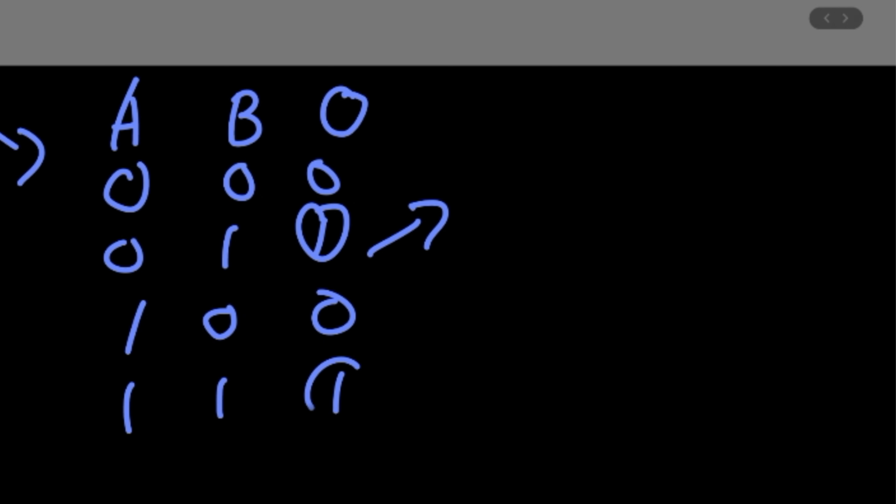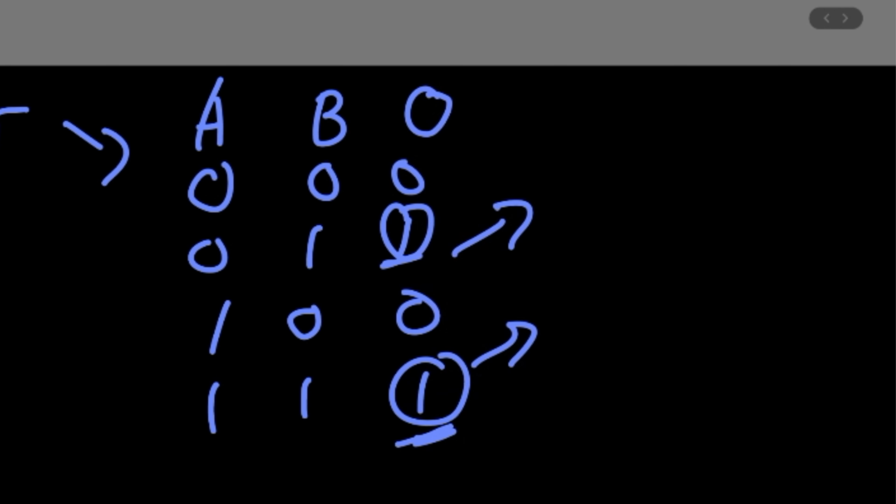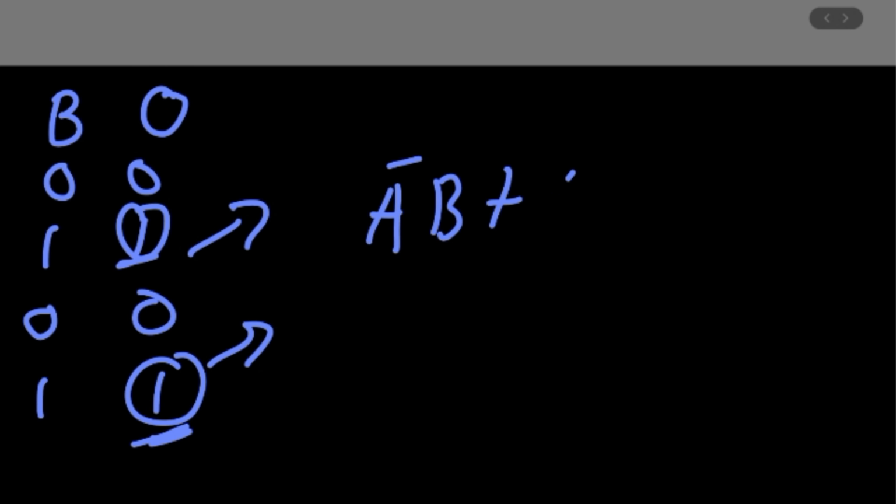Now let's first make the Boolean expression of this. To make a Boolean expression, we use SOP form. If we were using the POS form, we would look at 0. As we are looking at 1, we take the rows with 1, which give A complement B plus A B.